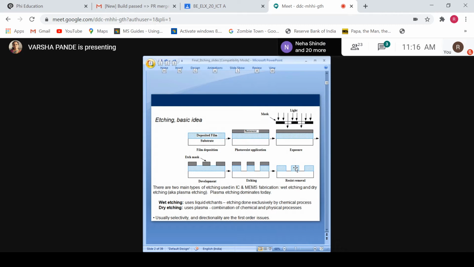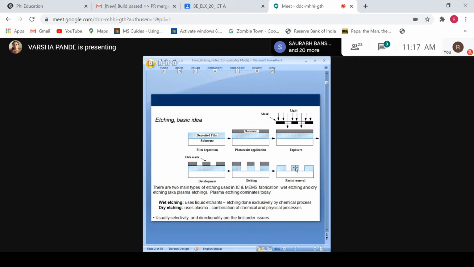Similarly here also, you want to create the patterns, the part which you don't want to dissolve will be protected, and which you want to dissolve are kept open, and then this is kept in the developer solution, sorry, etchant solution. Then when it is kept in the etchant solution, due to some chemical reactions, the part which is open or not protected will dissolve in that solution, and some byproducts will be produced.